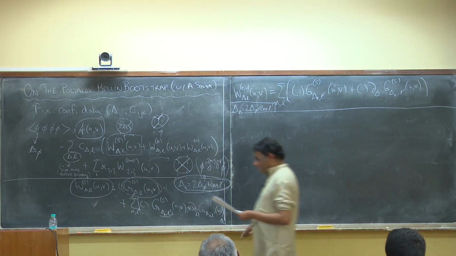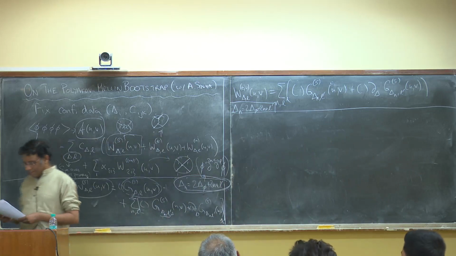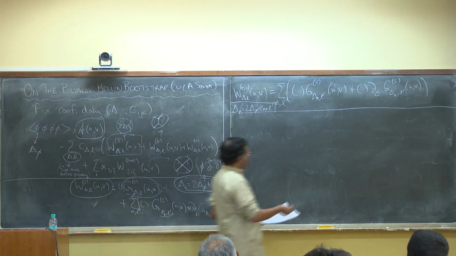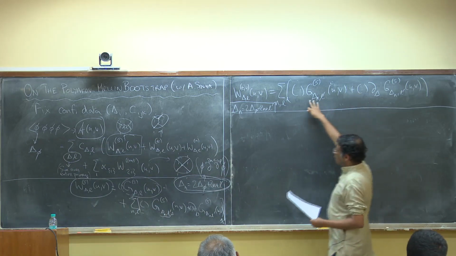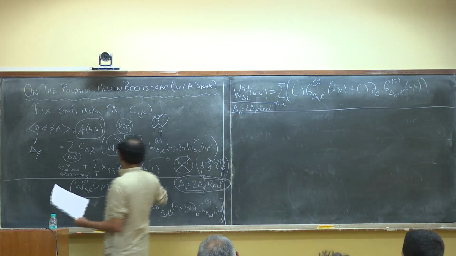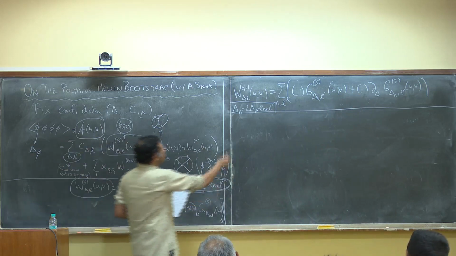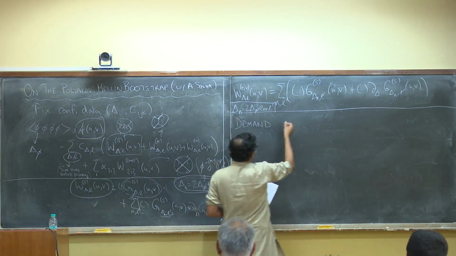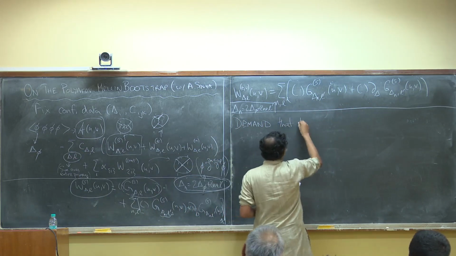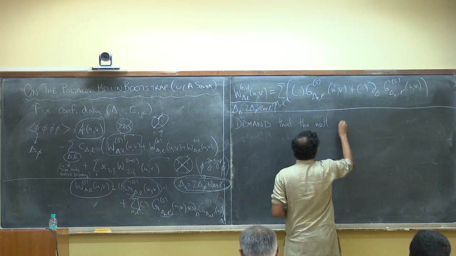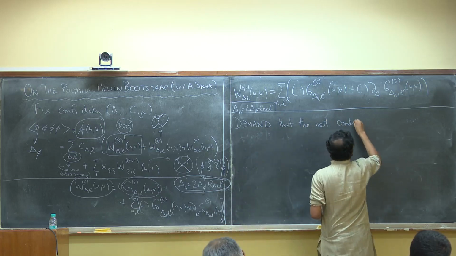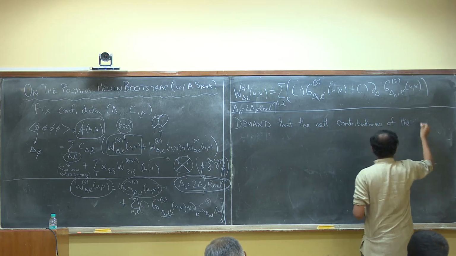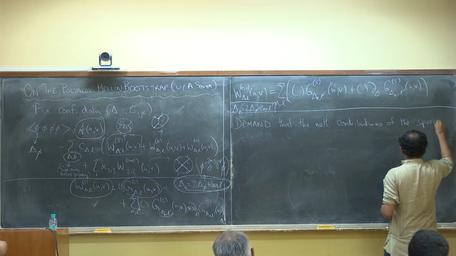So the constraints in the Polyakov-Mellin bootstrap are basically, at this stage, to ensure that in this sum, we demand that the net contributions of the spurious double poles vanish.